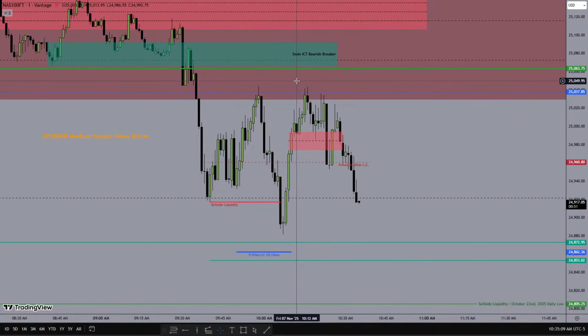That is the wick, constant encroachment. Get open, hit that, and then reject lower.